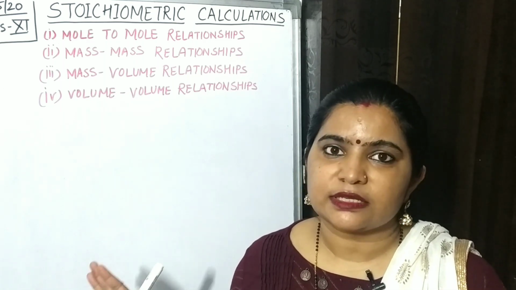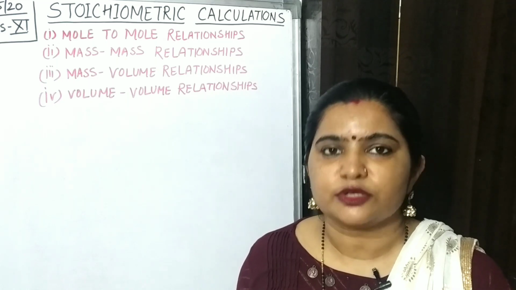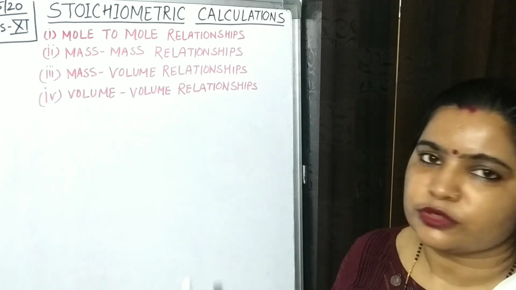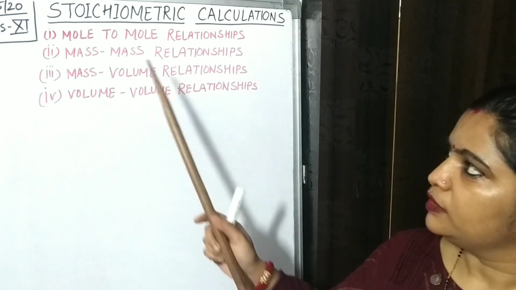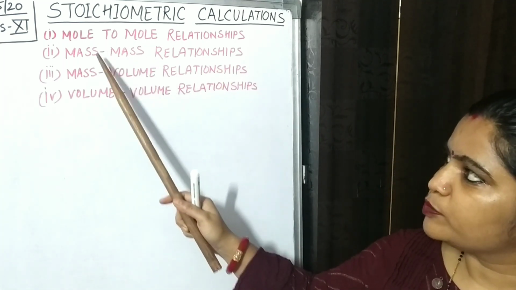Anyhow, we will discuss here some calculations, then you will come to know, and it will be easier for you to solve those numericals based on such topics. Okay, so one by one we will discuss all these points.